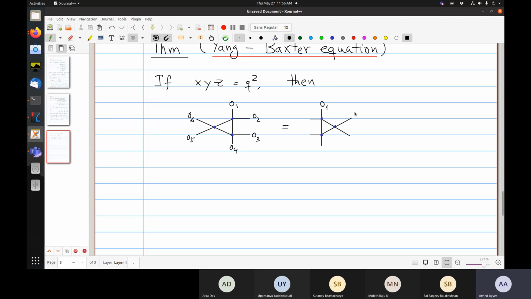Similarly, O1 to O6, and I'll give weights. The labels, sorry, these are X, Y, Z.